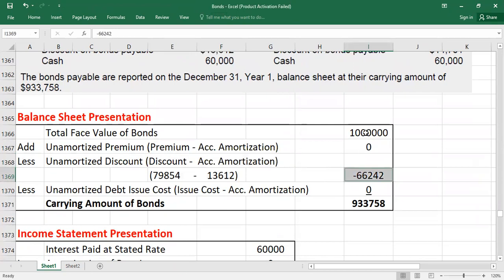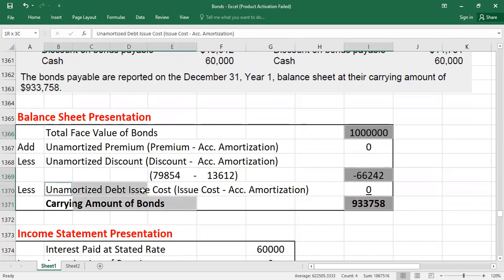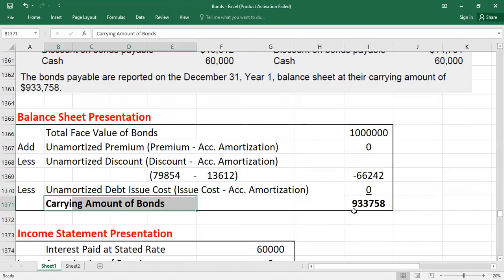Now, face value minus unamortized discount. This is how you will get the carrying value of the bond, because I'm not going to amortize the issue cost in this video. Okay, so this is how you will get the carrying value of the bonds, and the carrying value of the bond is 933,754 in the first year.